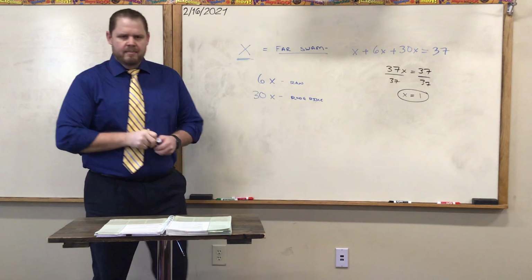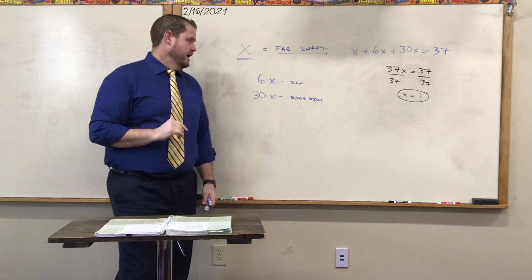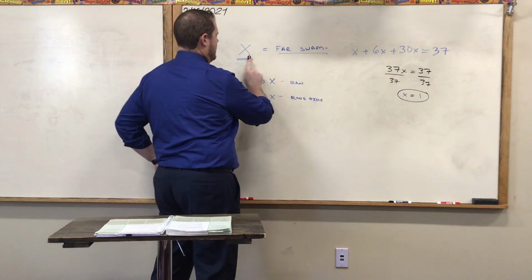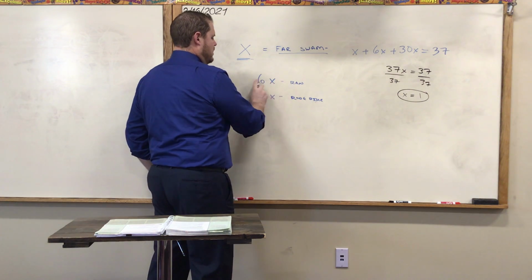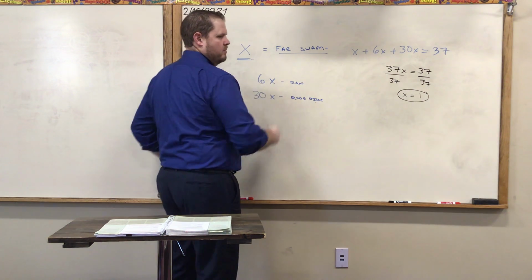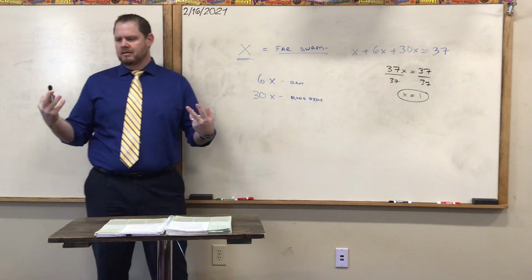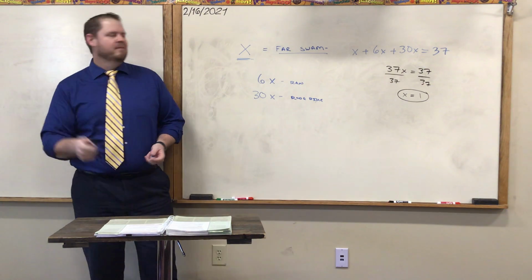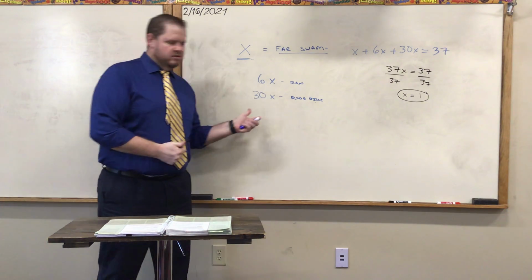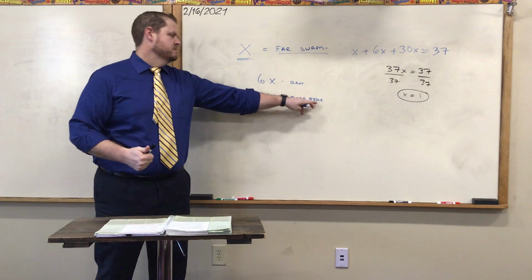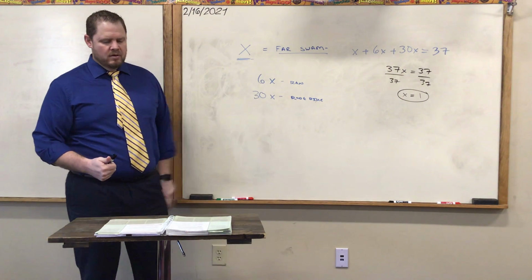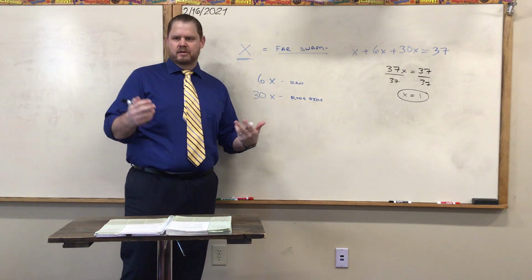So he swam how many miles? 1 mile. He ran 6 times 1, so he ran how many miles? Whitney? Good job, 6. And Sophia, how many miles did he ride his bike? 30 times x, which is 1, and the answer is 30.